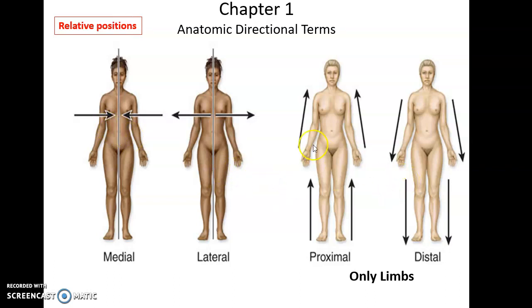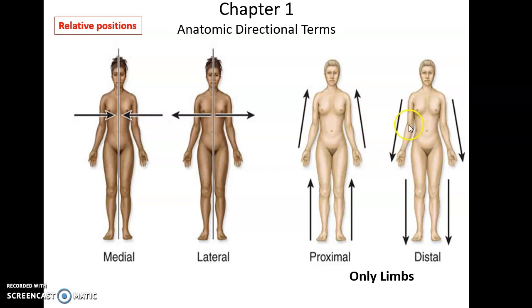And then for limbs, if you're talking about structures on one limb, one arm or one leg, then you use proximal and distal. So do not use superior and inferior. Instead, use proximal and distal. Proximal means closer to where the limb attaches to the trunk of the body. Distal means further away from where the limb attaches to the trunk of the body.